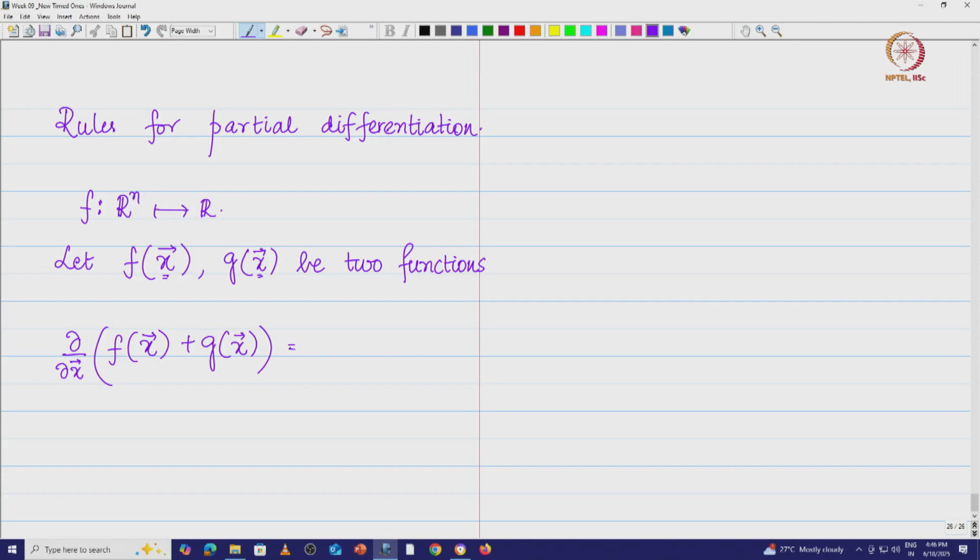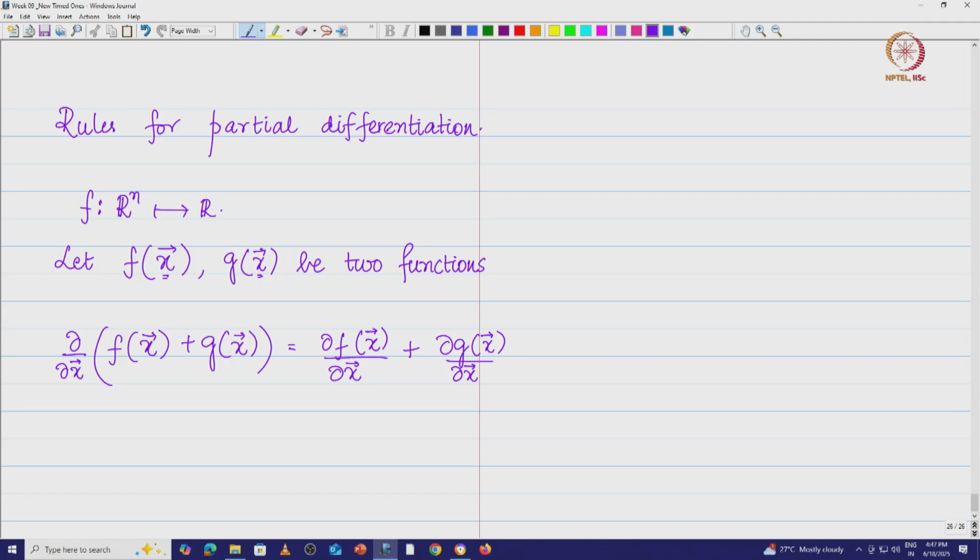So this is nothing but dou f of x bar, that means you take the partial derivatives of the function f, add it with the partial derivatives of the function g.